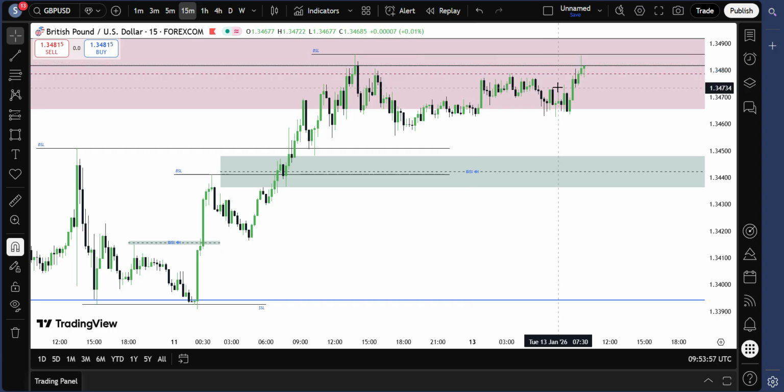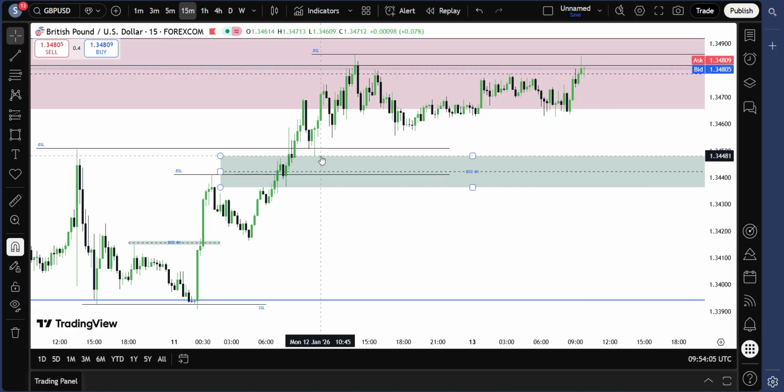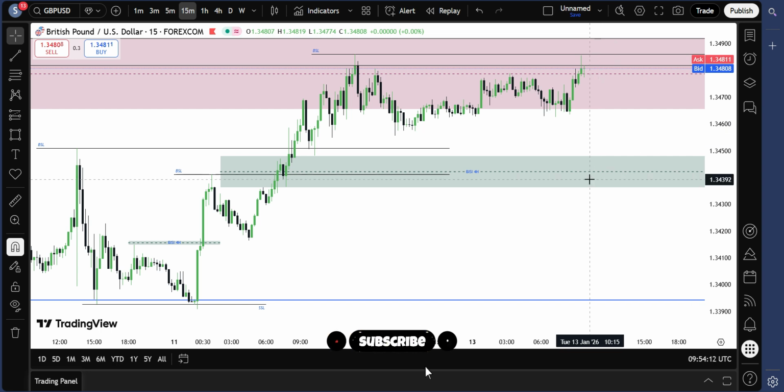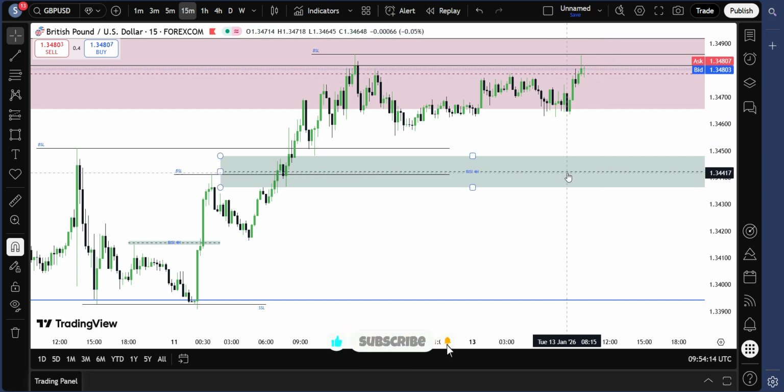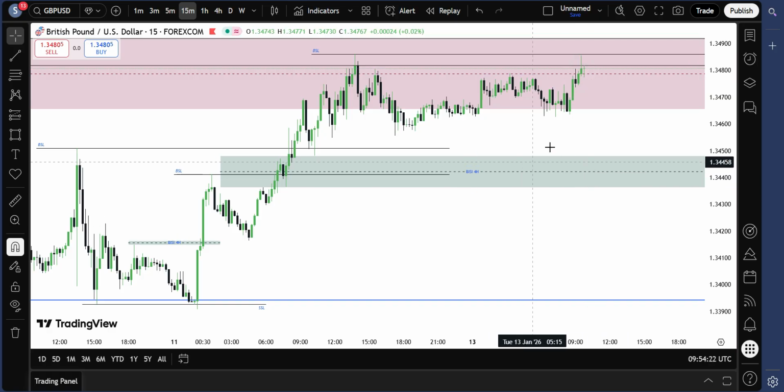However, should it be that it just wicks through it, or it just behaves as it is now and comes further down, then there's this rejection block over here, which could be used for entry. It also doubles as the mean threshold of the 4-hourly gap as well. So those confluences make it more probable for entry. So I'm going to pause the recording and then come back in a few minutes.